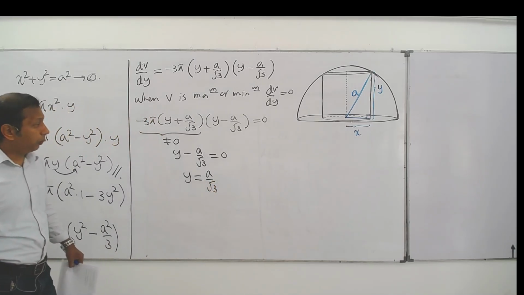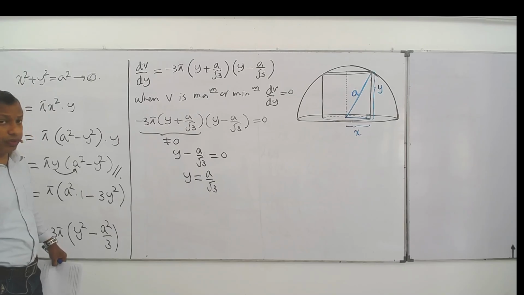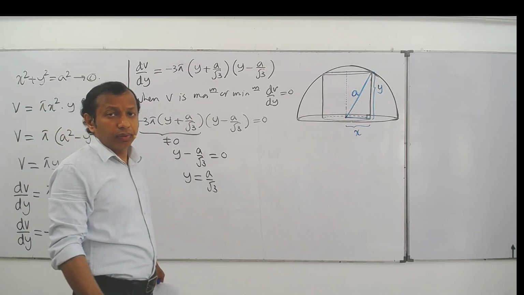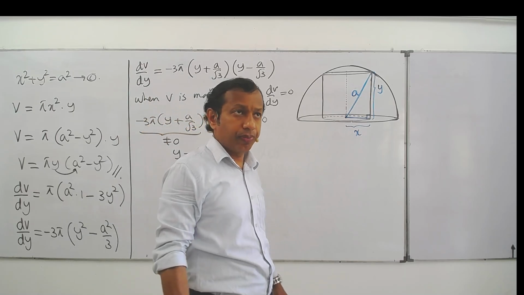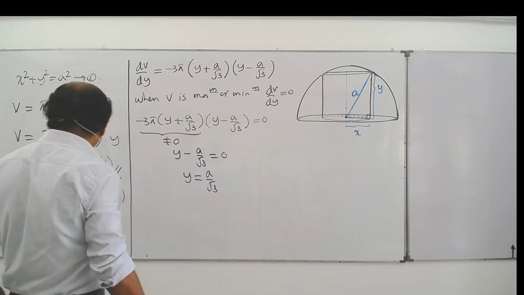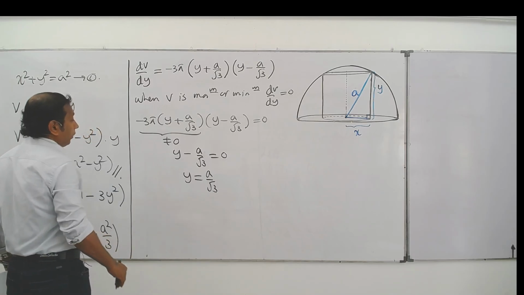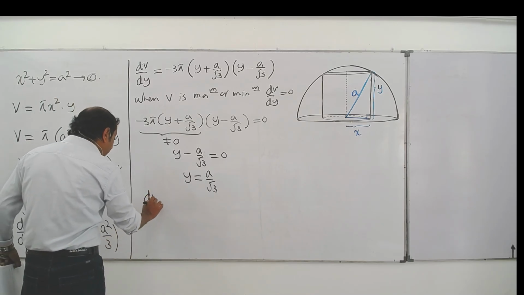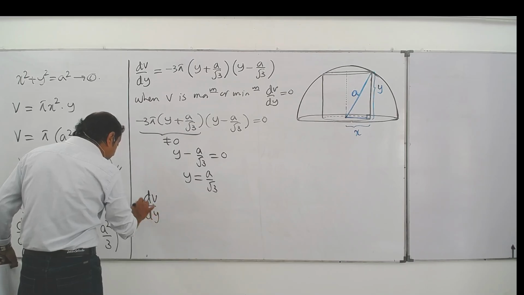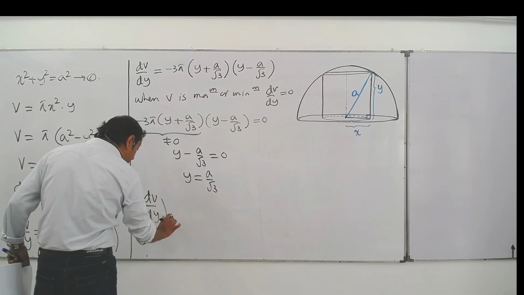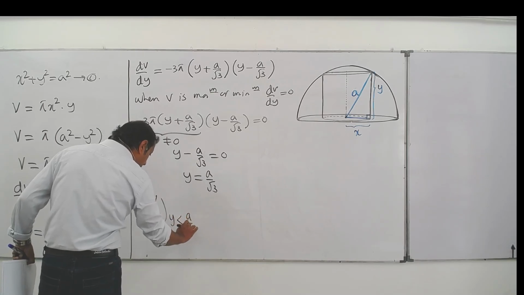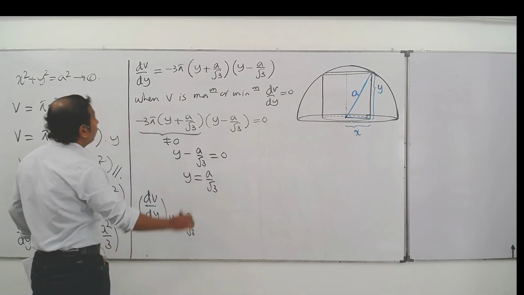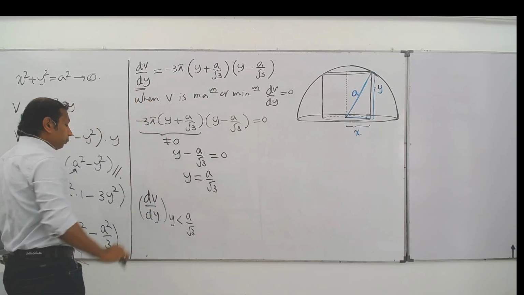Now, we have to show that at this value of y, V is maximum. That can be done by using the first derivative sign. Now, dV over dy, its sign, I am going to first show when y is less than a over root 3. So dV over dy expression is this.